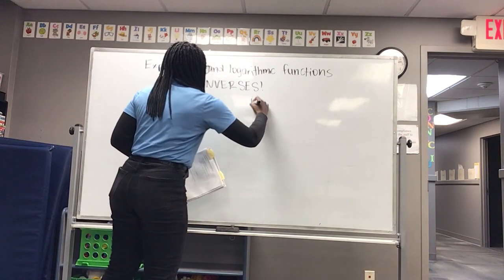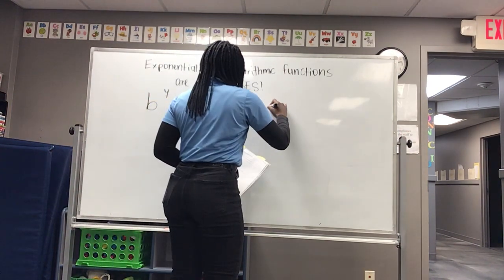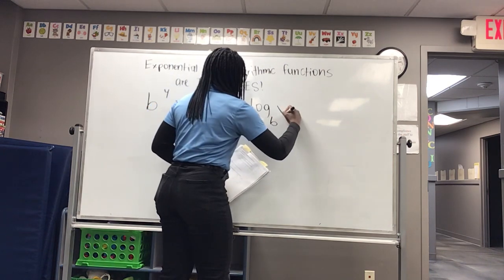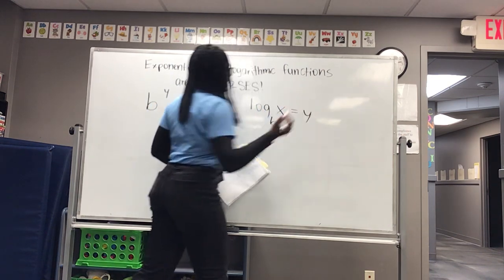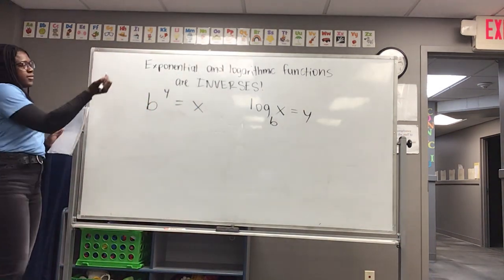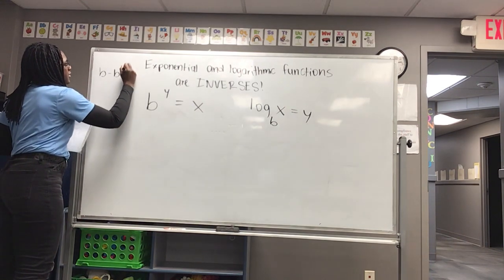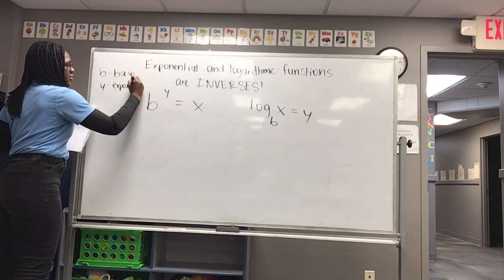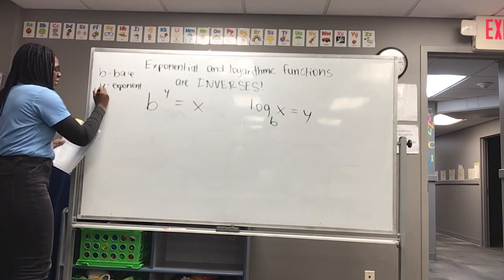For my logarithmic function, that would look like log base b of x equals y. And then I'll write over here that b was the base, y is the exponent, and x is kind of like our answer.